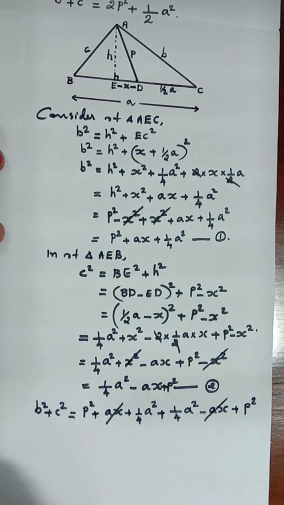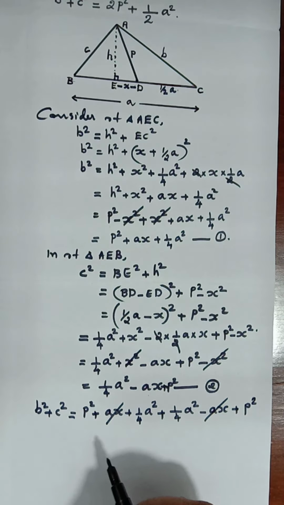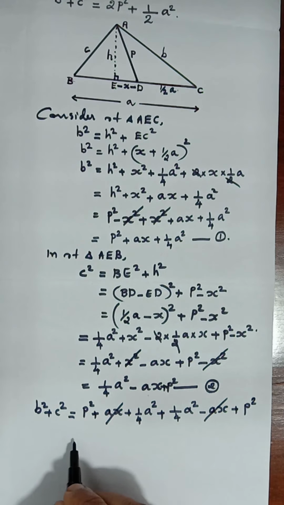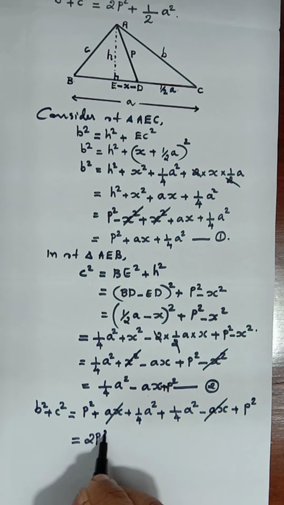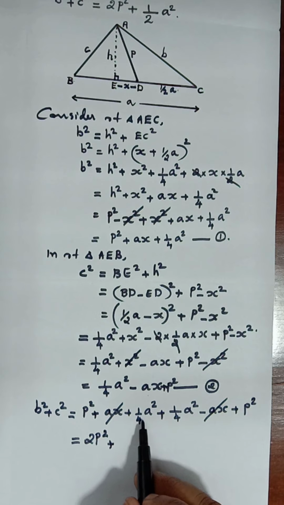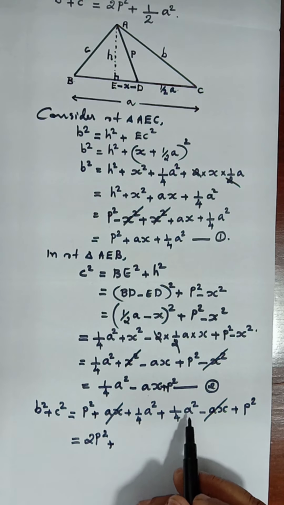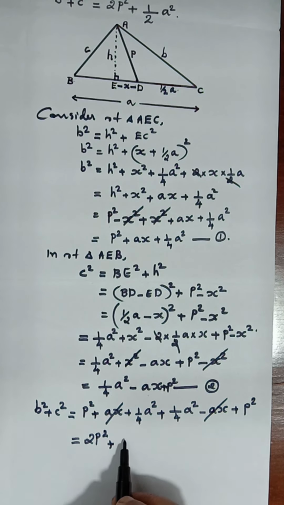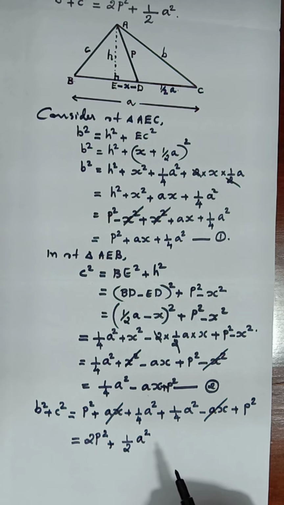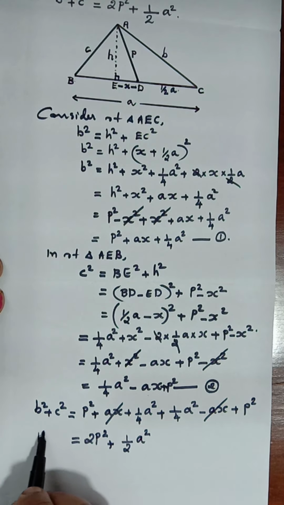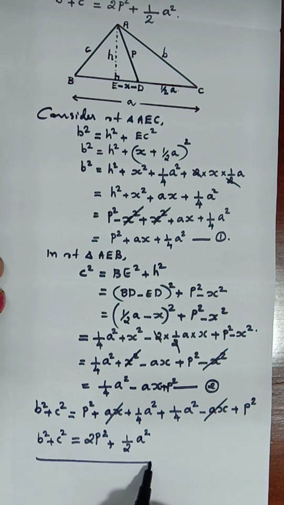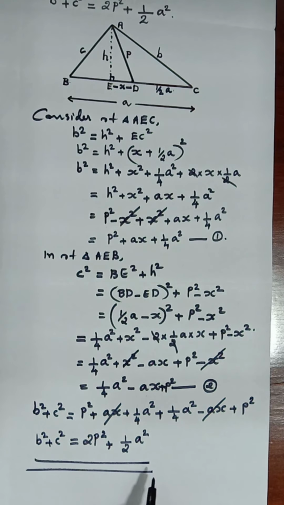Minus AX and positive AX getting cancelled. We are left with P square plus P square is 2P square plus 1 by 4 A square plus 1 by 4 A square becomes 2 by 4, 2 by 4 is 1 by 2, 1 by 2 A square. So we have reached the answer. You can see B square plus C square is equal to 2P square plus half A square. Hope you understood. Bye.